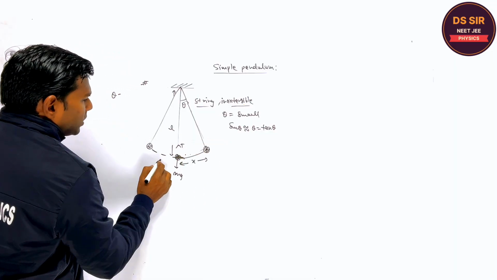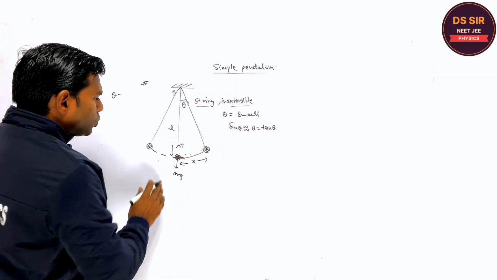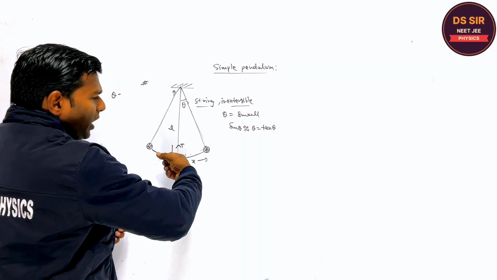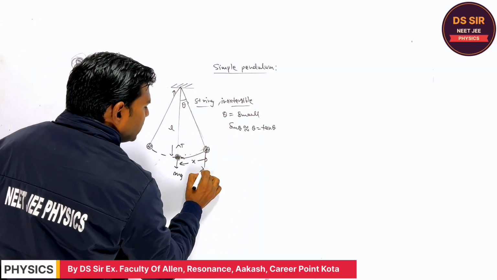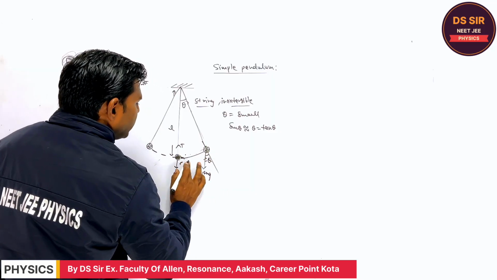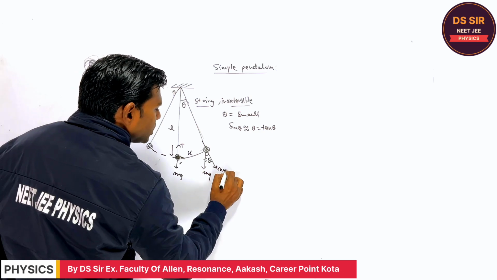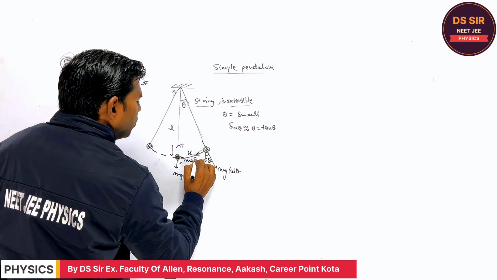So to show that its motion is SHM, you have to give a small displacement from the mean position and find the restoring force. Here mg and this is theta. So if this displacement is x, so this is mg cos theta and this is mg sin theta. Are you getting or not?